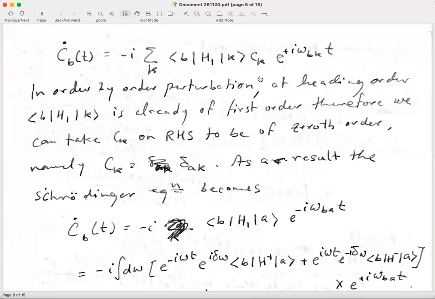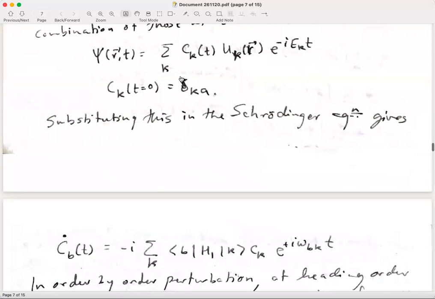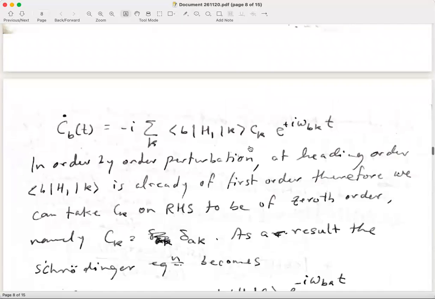So what we will do is assume that this state is a fixed state, which we have defined to be delta K A. We substitute that at time t equals 0 and compute CB dot by computing this matrix element, setting Ck to be just delta Ka.